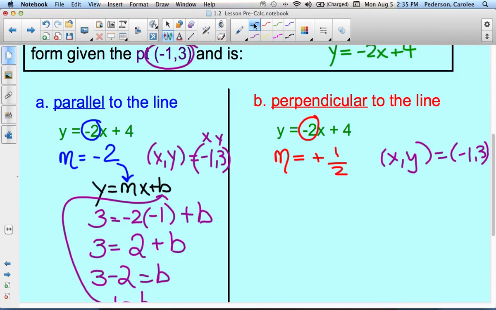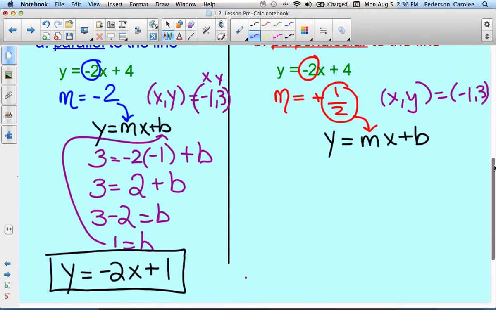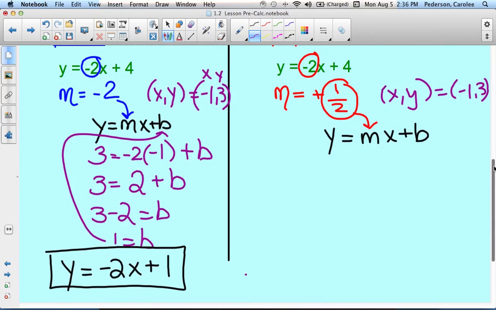Now we plug it into the slope-intercept form, y equals mx plus b. Our slope is right here, and now we plug in the purple for the x and y. So our y is 3, our m is 1/2, our x is negative 1.